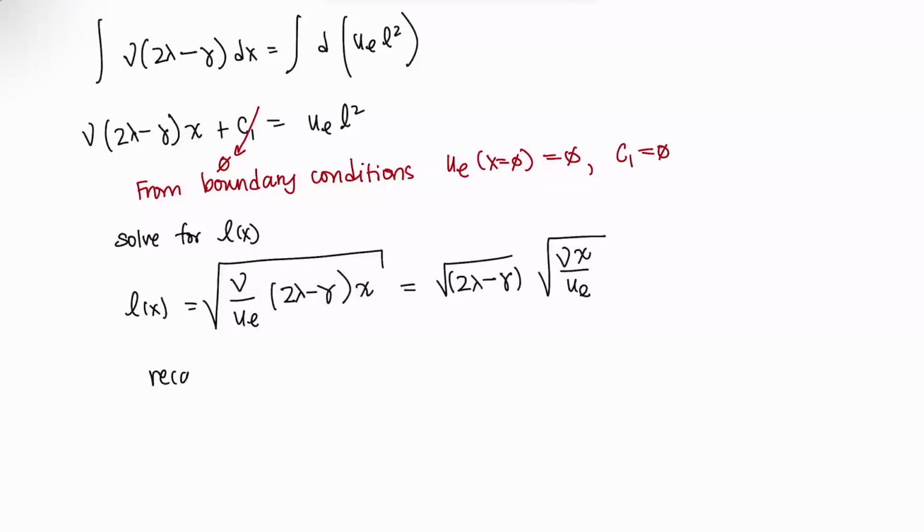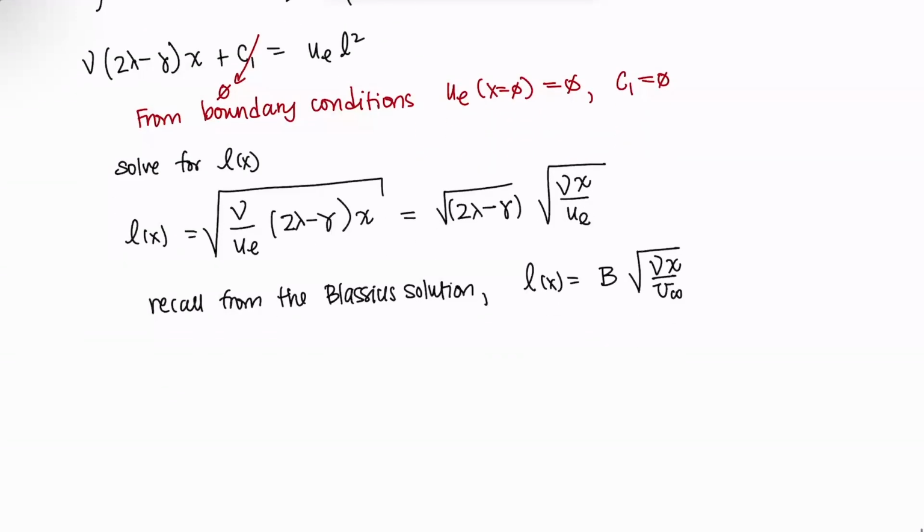So recall from the Blasius solution, we had that L of x is equal to some constant b times the square root of nu x over U infinity. All right, so we have some consistency with that result too.